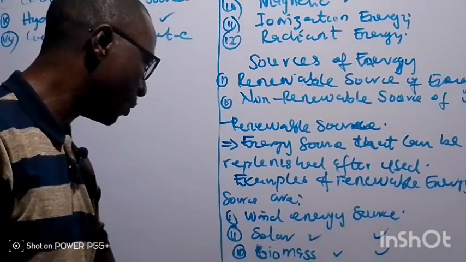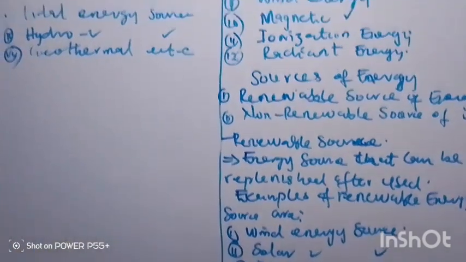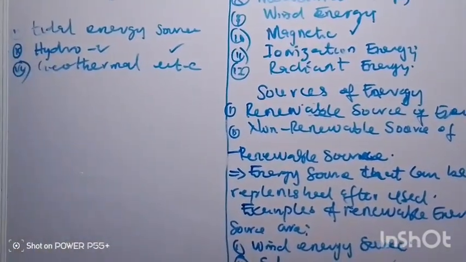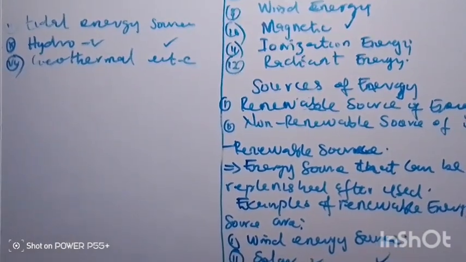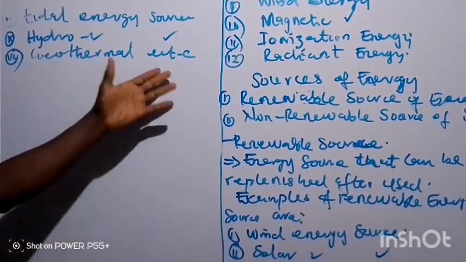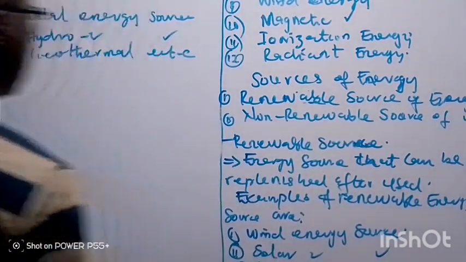So that is energy from biomass. They can be replaced. So also tidal, that is wave energy. Then hydro, that's energy from water. Then geothermal from the ground. So all those can be replenished after use. That is why we call them renewable sources of energy.